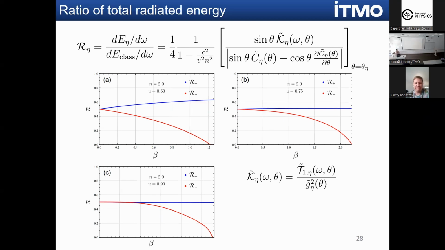Thanks, Nick. So, following up on this discussion, Eduardo, how many cones of Cherenkov radiation would you expect if the velocity of this charged particle is not parallel to the B vector?